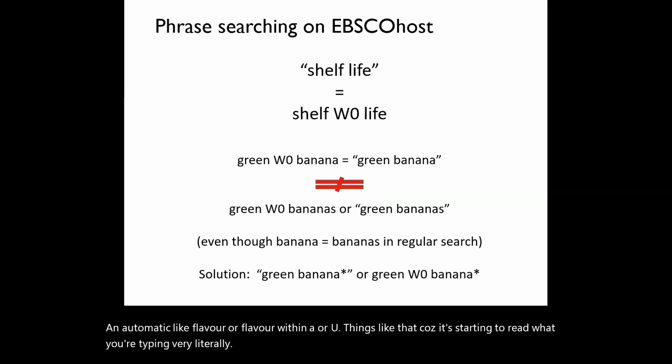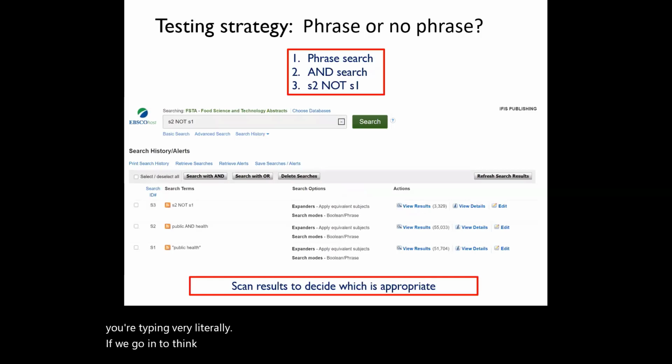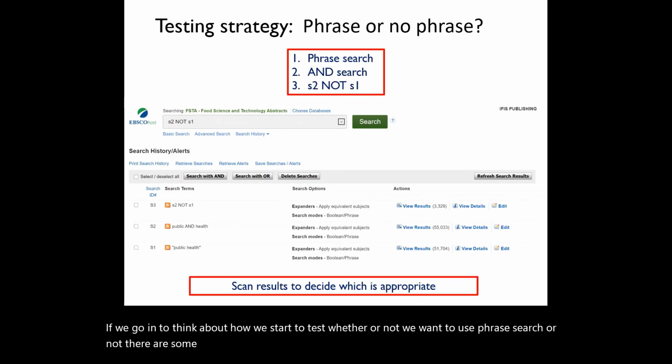So if we go on to think about how we start to test whether or not we want to use phrase search, there are some simple steps that you can take. What you want to do is type something as a phrase search and then type it as an AND search.